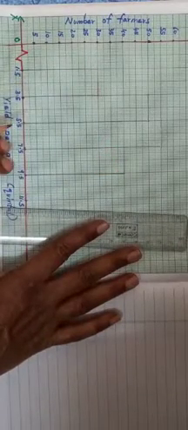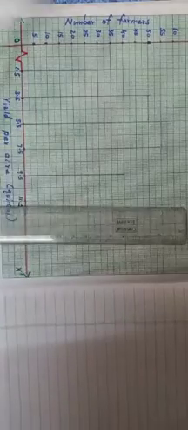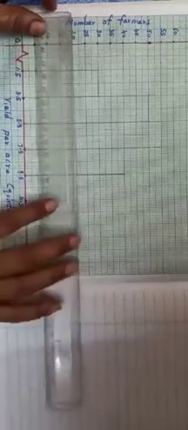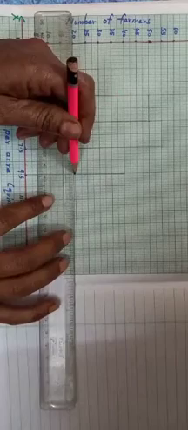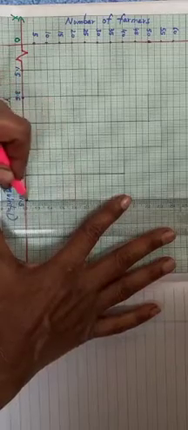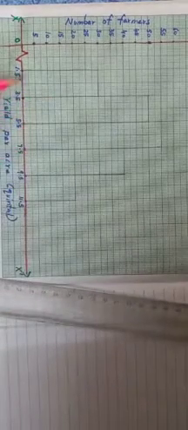Now the last one is 9.5 to 11.5. It is 20. So where is 20? 20 is here. I will show it like this. This way we have completed our figure.